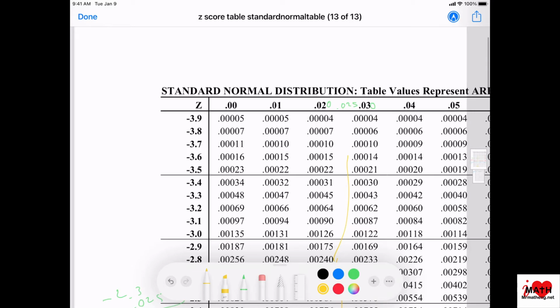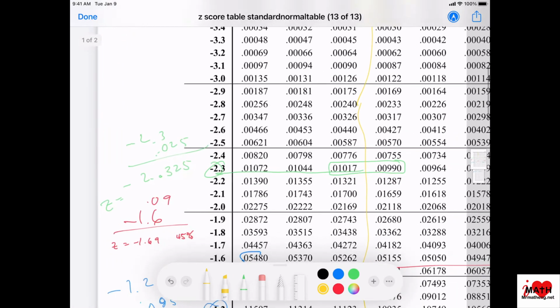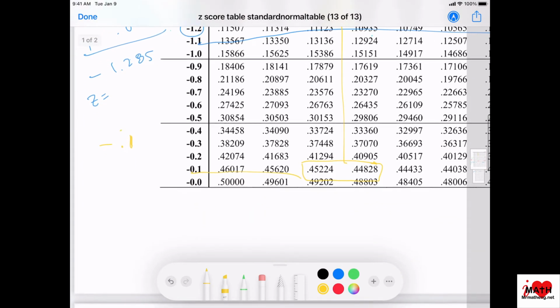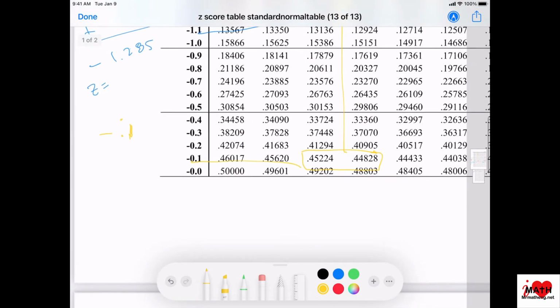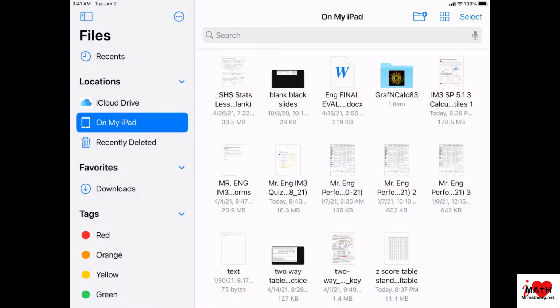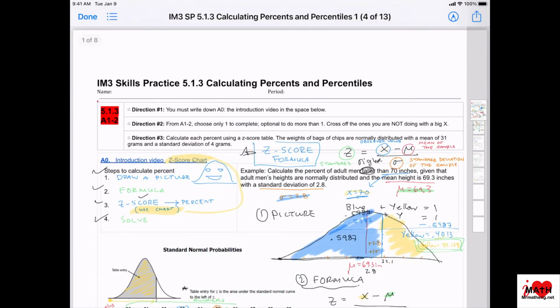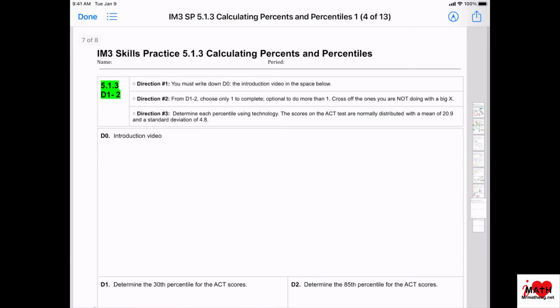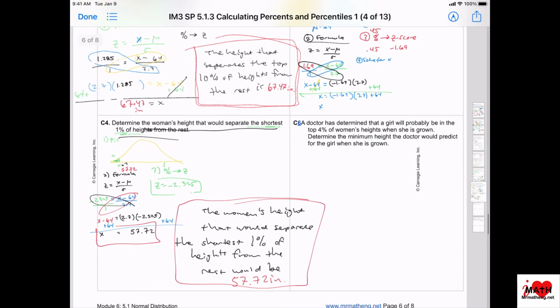I knew something was wrong. 0.025. And they're both negative. So negative 0.125. That's the z-score I need. Let's try that again. At least I caught my mistake. That's a good thing.